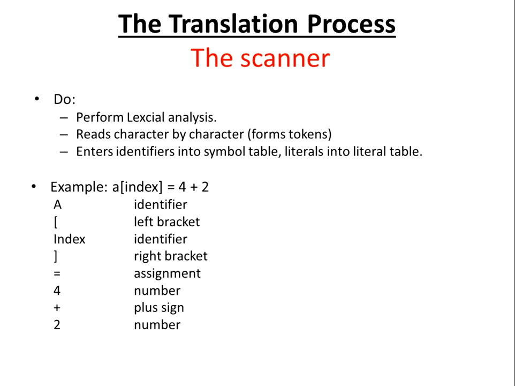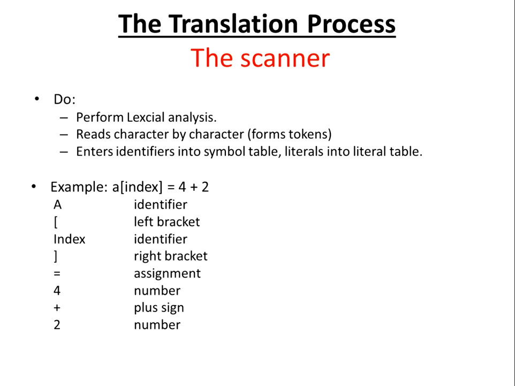So we know that the symbol for left bracket is a left bracket, but the token for left bracket is not the same as the symbol for the left bracket itself. The token for left bracket simply represents an internal representation for this kind of token, which could be written as left bracket or could be written with a different token name.